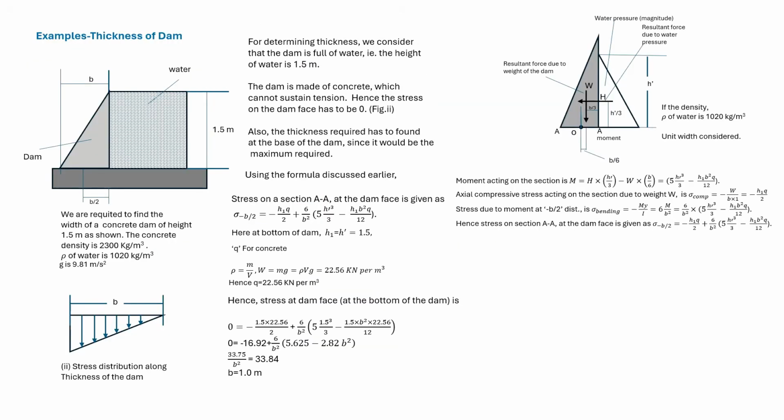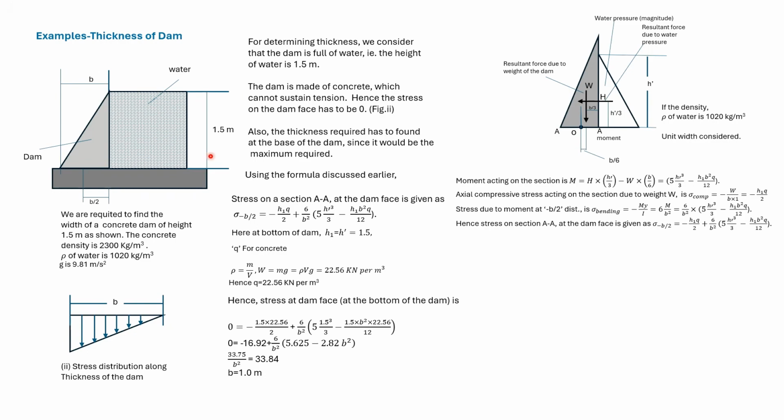We earlier discussed the forces acting on a dam. Here we find the dimension B, or the thickness required at the bottom of the dam. The height of the dam is taken as 1.5 meter. To find B, we consider that the dam is filled to the brim.